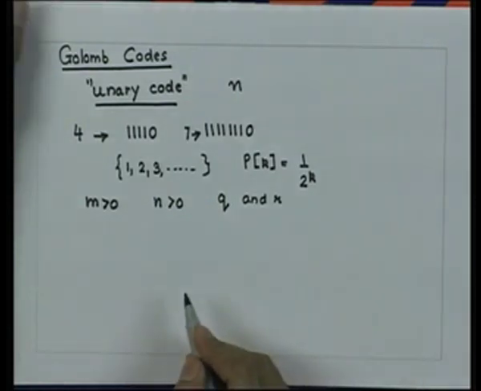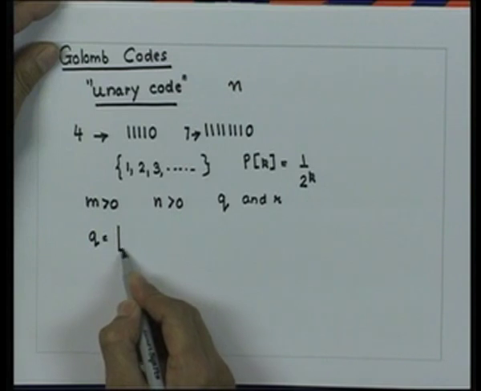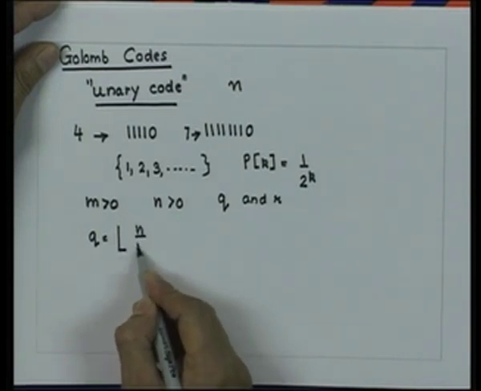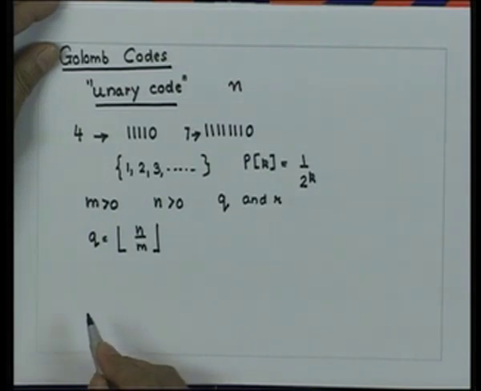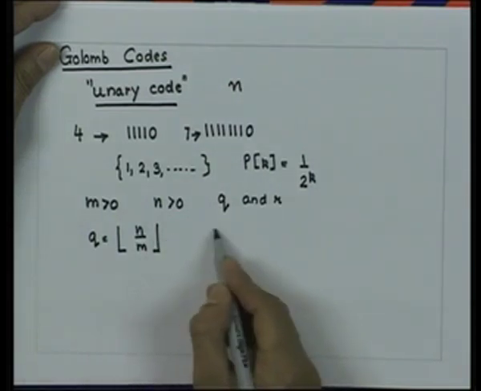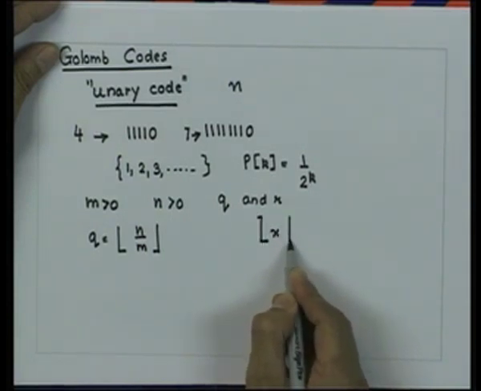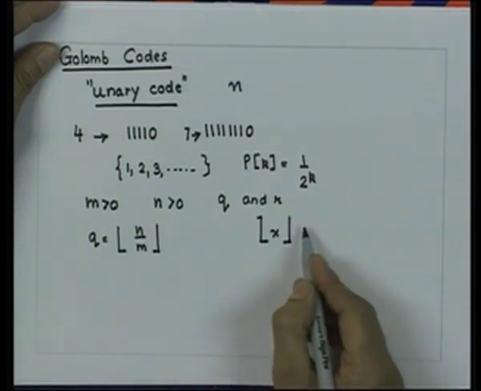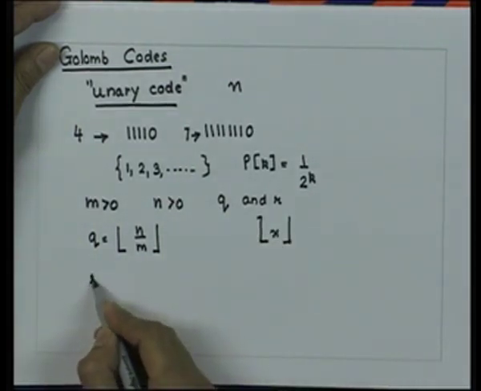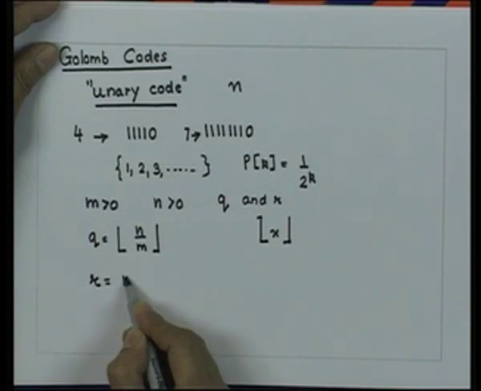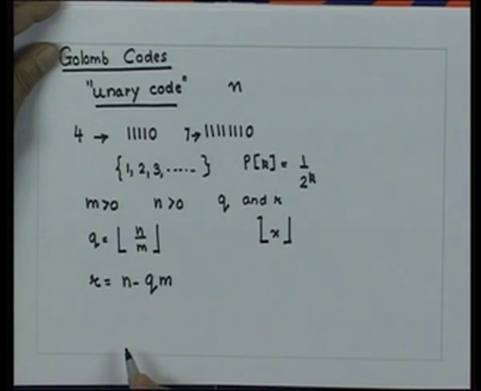Let us see what these q and r are. q is equal to the floor of n by m, where by definition the floor means the integer part of x, and r is given by n minus qm.